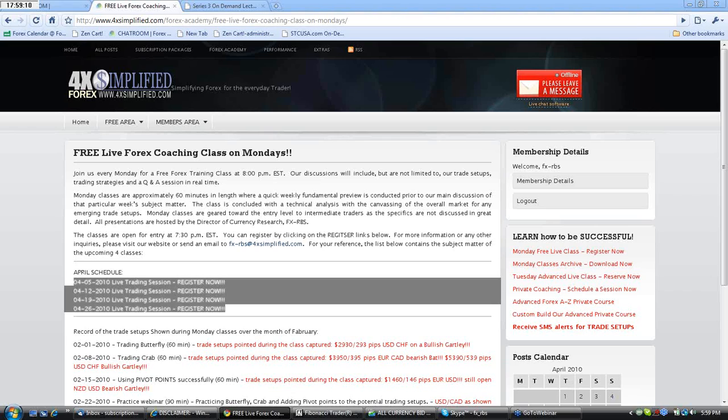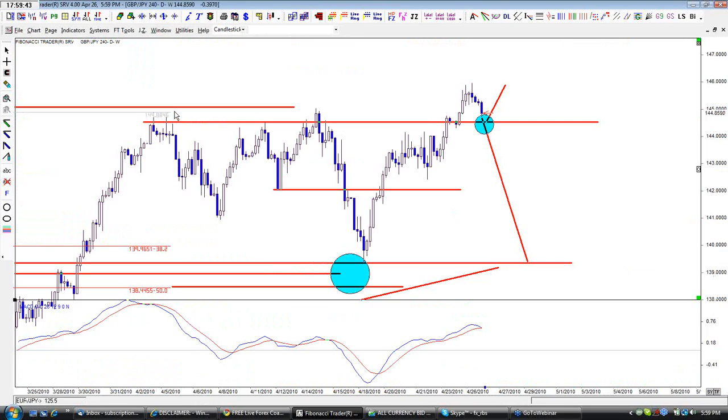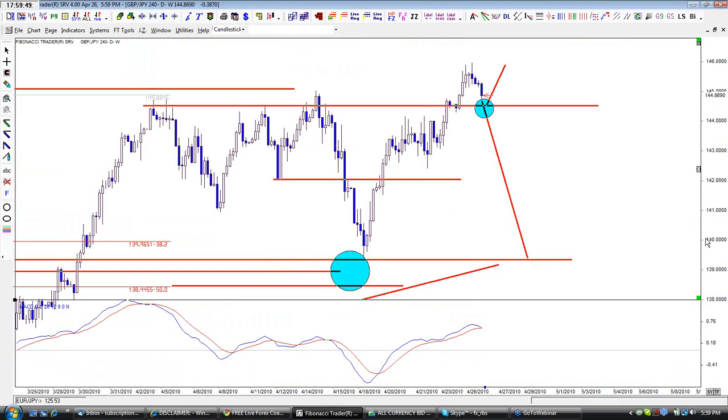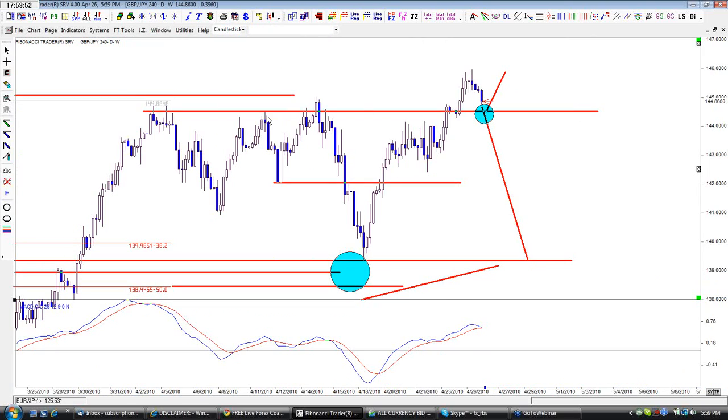Did somebody have a question about the pound yen? Now this is strong resistance.